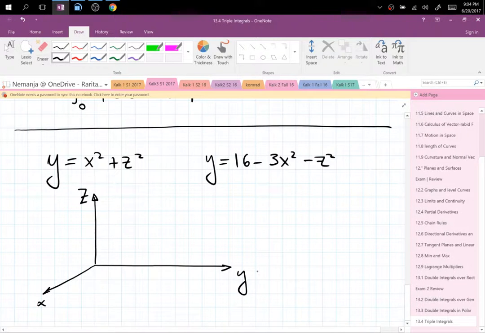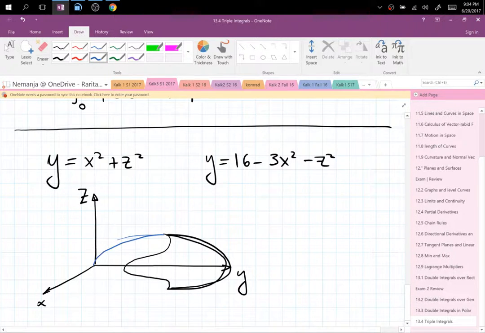So the y-axis is special, and since this one is elliptical, it's a little bit tricky to draw, but something like this.